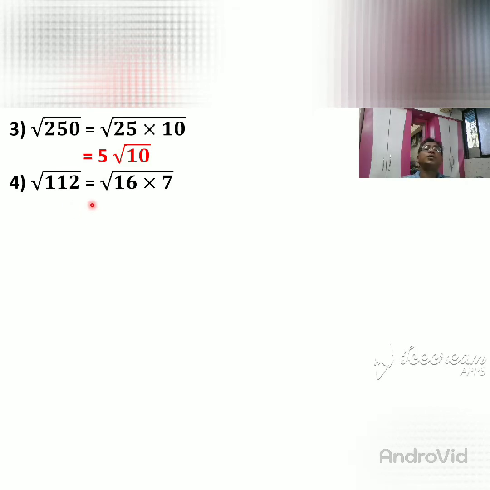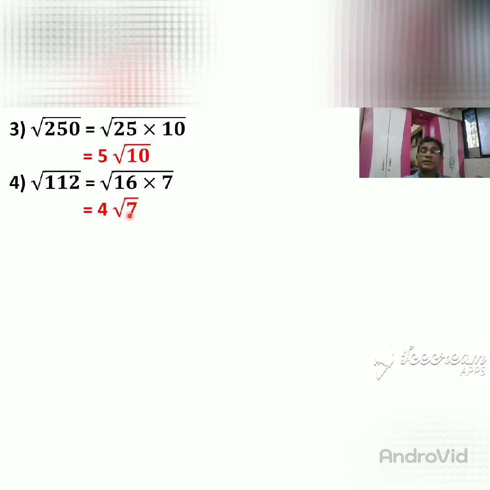So 112 is factorized as 16 into 7. 16 into 7 gives you 112. So what will be the square root of 16? The square root of 16 is 4. So you are getting the answer 4 root 7.